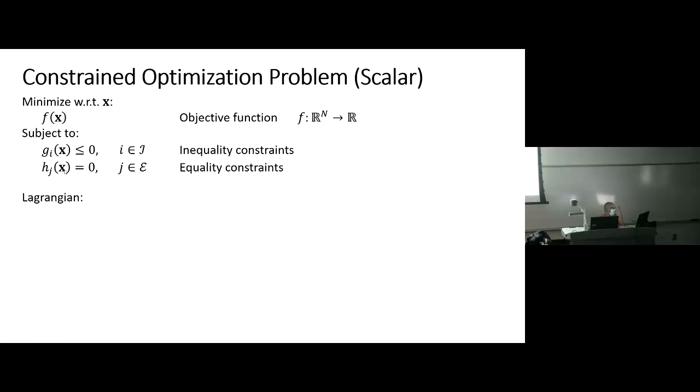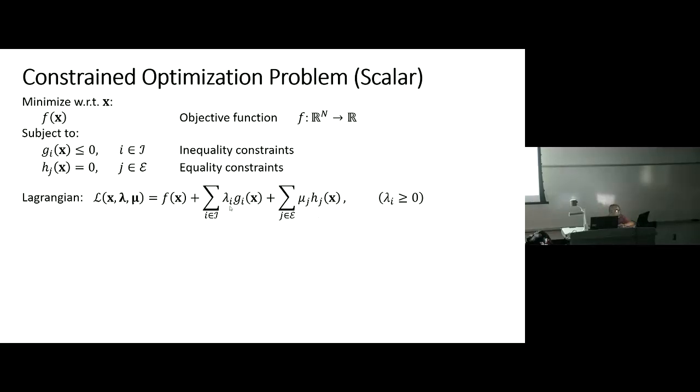And we define the Lagrangian in this manner. The Lagrangian function, or simply the Lagrangian, is L of x, lambda, mu equals f of x plus summation lambda_i g_i of x plus summation mu_j h_j of x.